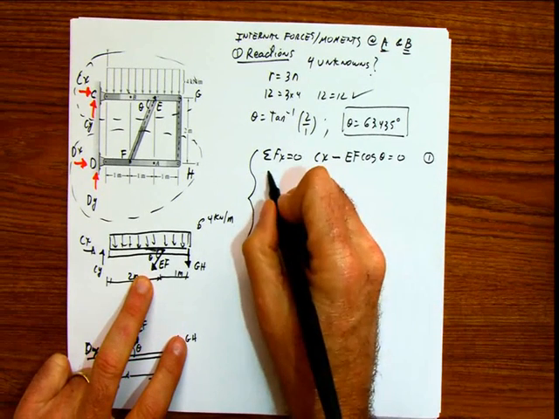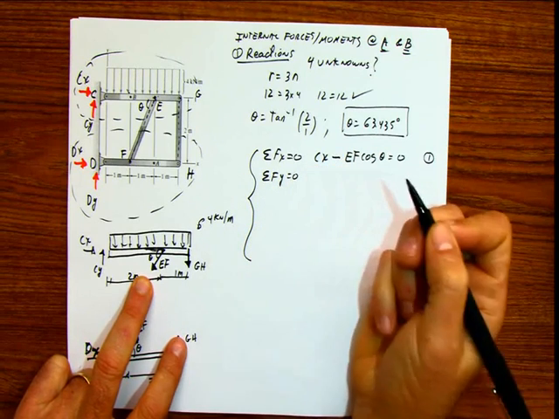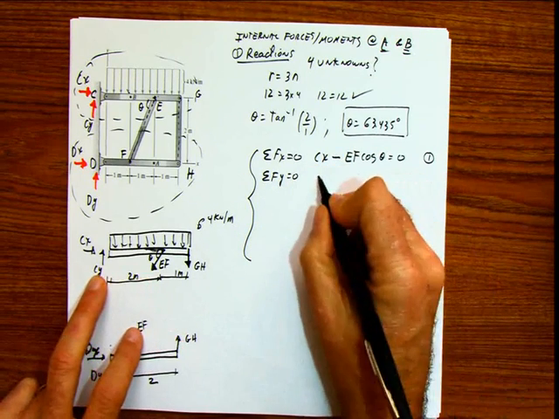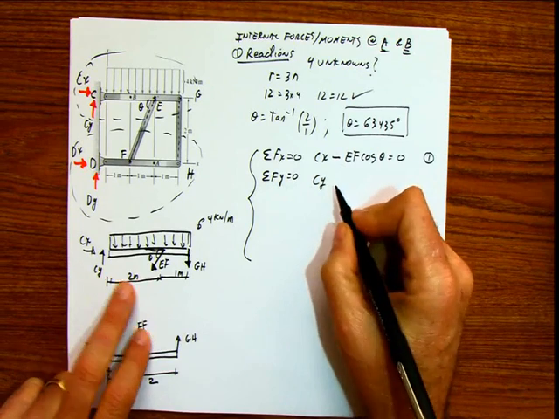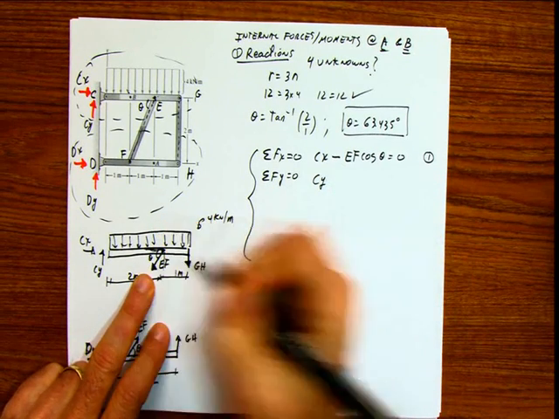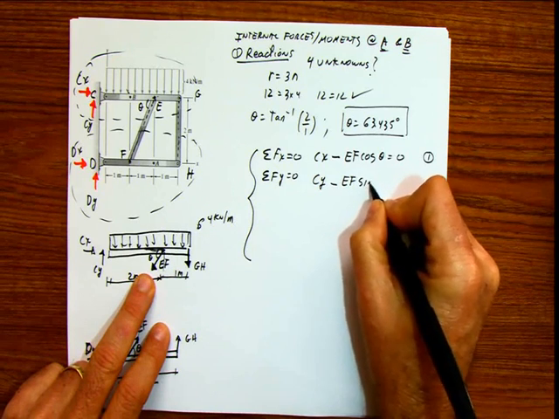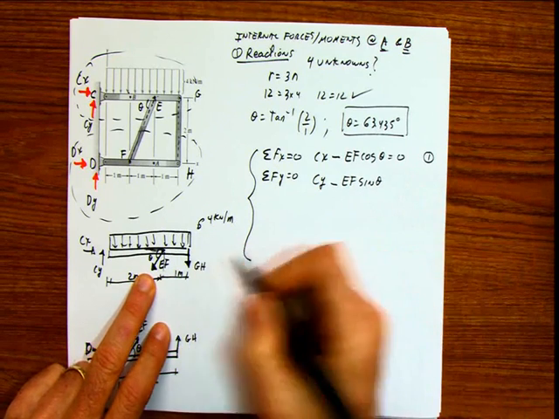Now summation of forces in y equals 0. In y we have cy, and the vertical component of this, which is the same one here, that's going to be minus EF sine of the angle minus GH.